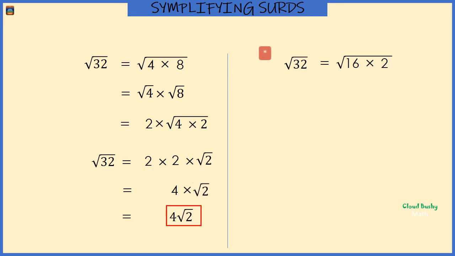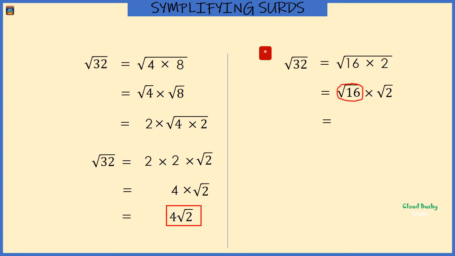Let's check the other one on the right hand side, where we simplified root 32 to square root of 16 times 2. This is equal to square root of 16 times square root of 2.